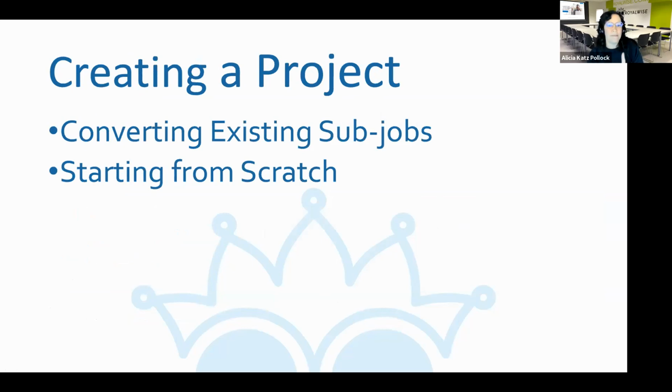It is a one-time shot, so you have to turn it on and start using it after that point. You can also start a new project from scratch anytime. Do know that when you are converting your existing sub-customers over to projects, it is only one level deep. So if you have a customer with a sub-job that has sub-jobs, those sub-jobs are not going to convert. It's only going to be your first level.